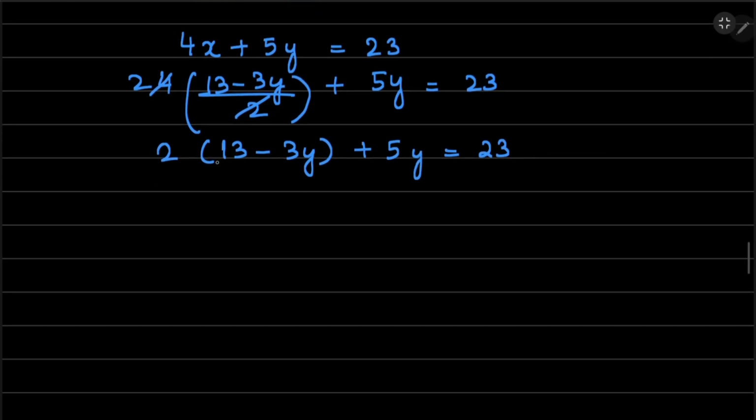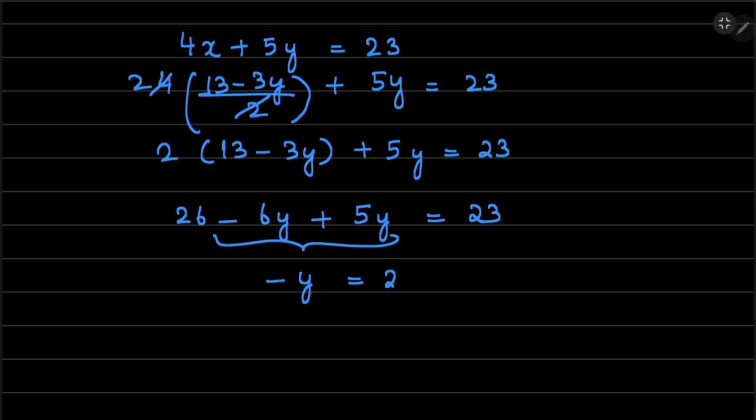Open the brackets, multiply 2 internally. So 2 into 13 is 26 minus 6y plus 5y equal to 23. So what is minus 6y plus 5y? It is just minus y equal to 23 minus 26. Be very careful with the signs. It is minus 3. Therefore, negative negative gets cancelled. y is equal to 3.